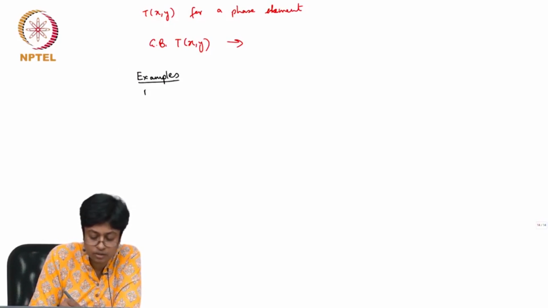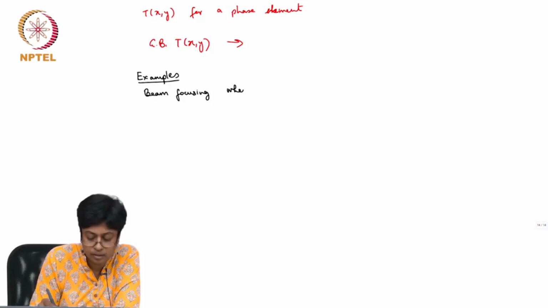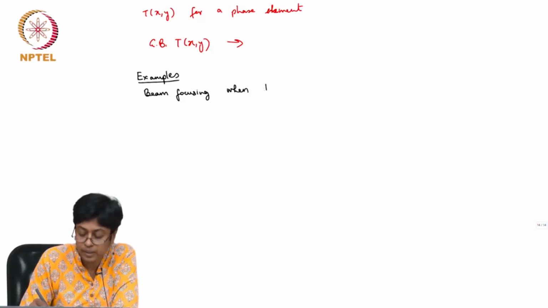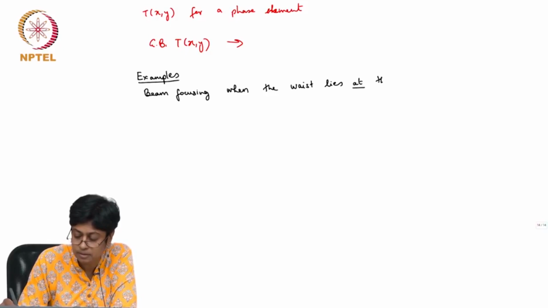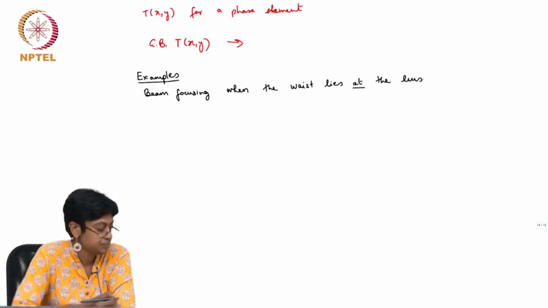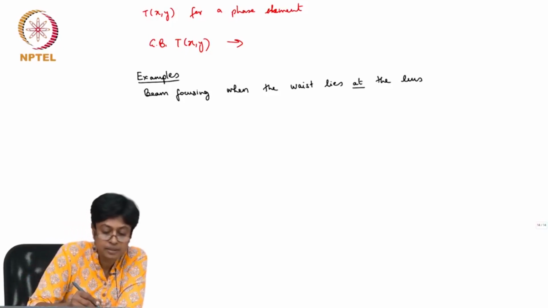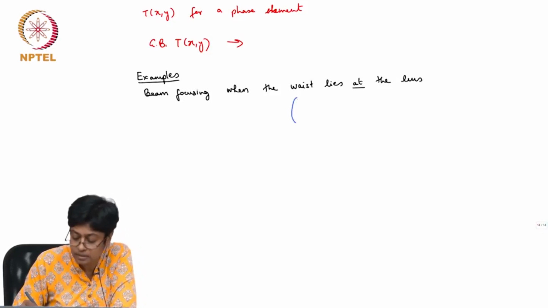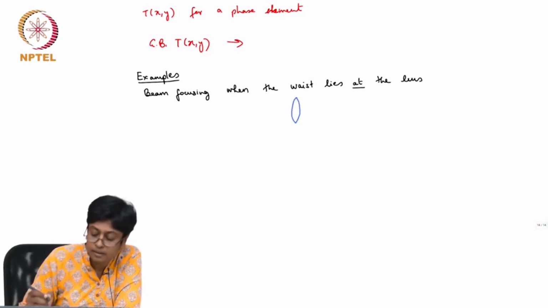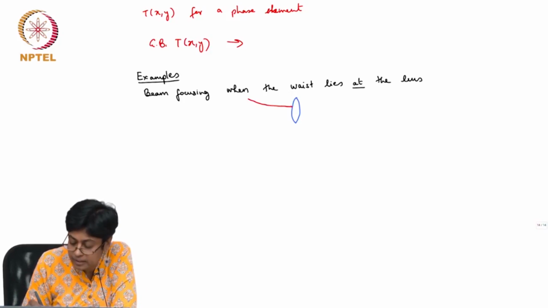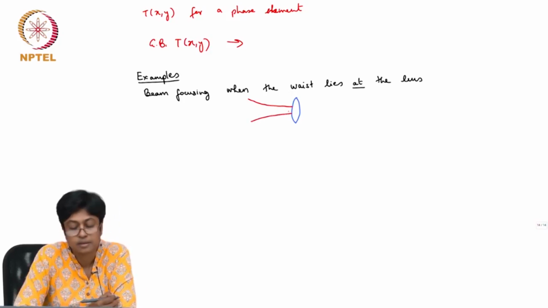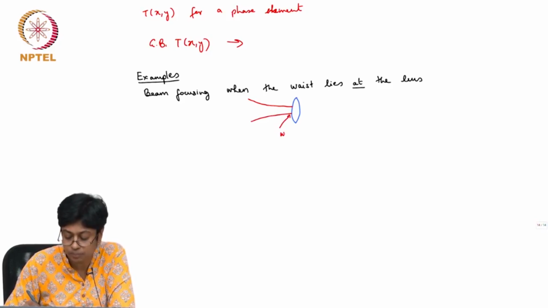So let's take the case of beam focusing when the waist lies at the lens. So that means I have a lens and I've placed it so that this is omega naught.